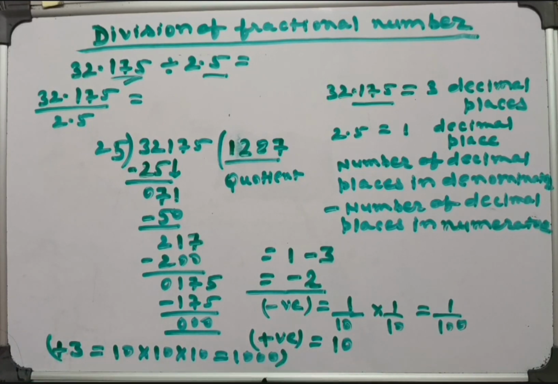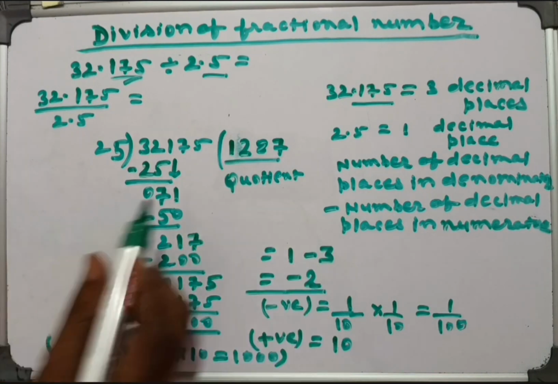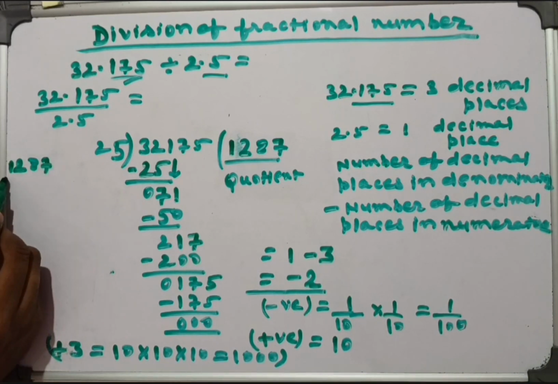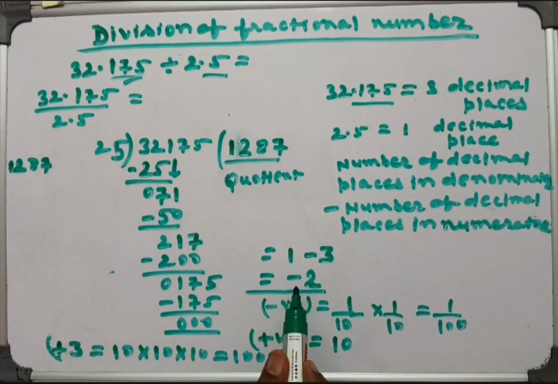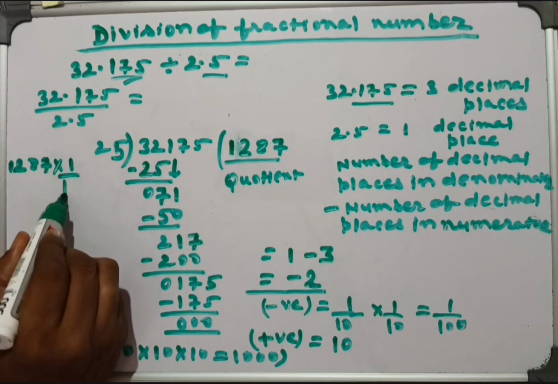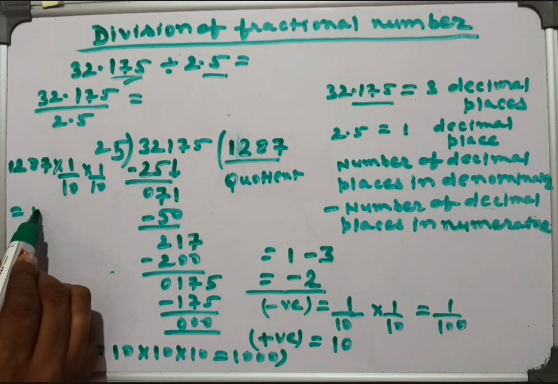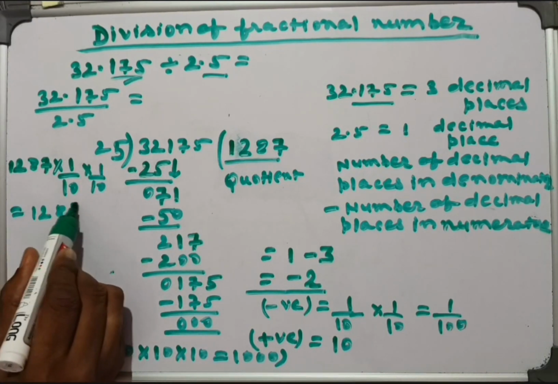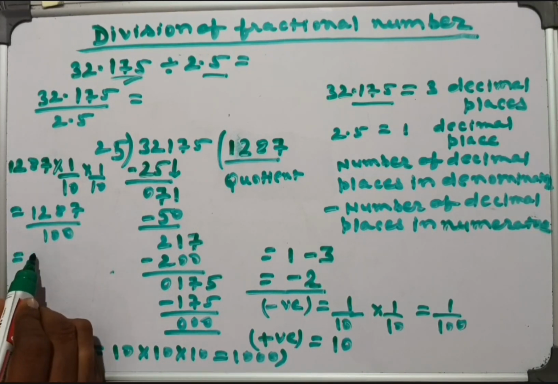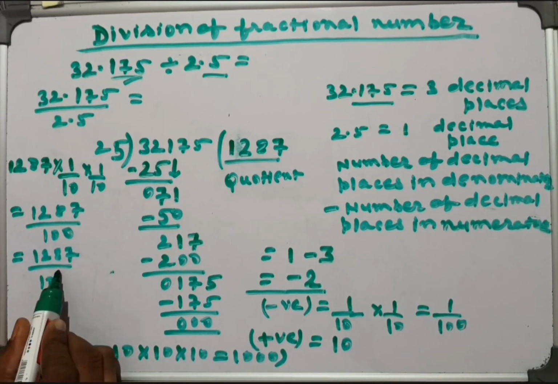Now for our question, our quotient is 1287. Here the negative sign is minus 2, so you have to multiply this number by 1 by 10 twice. This is equivalent to 1287 by 100, or this can be written as 10 to the power of 2.